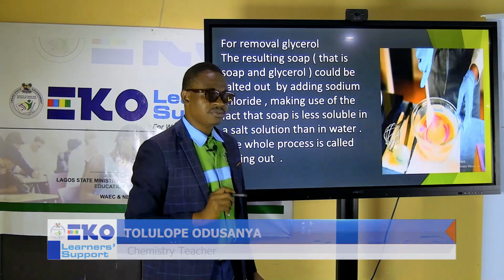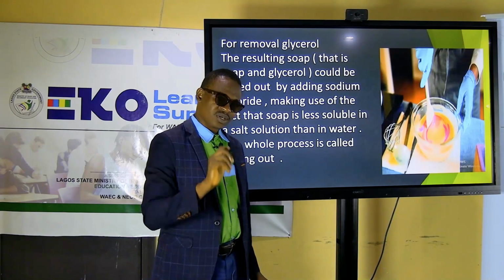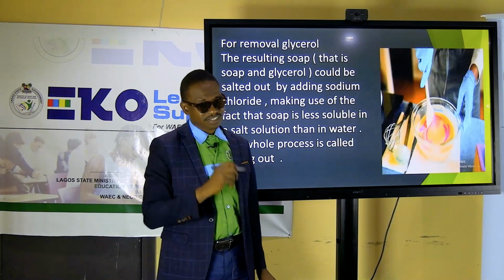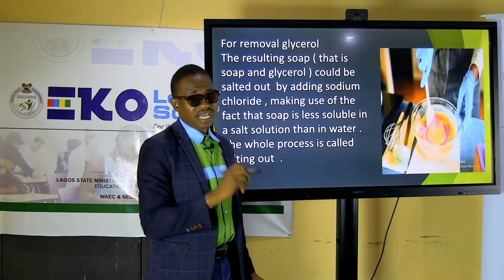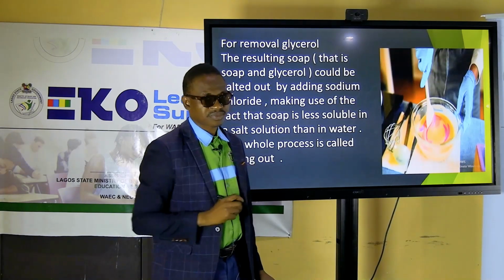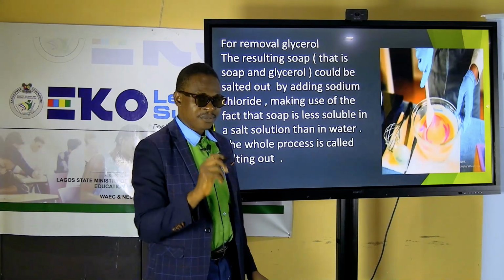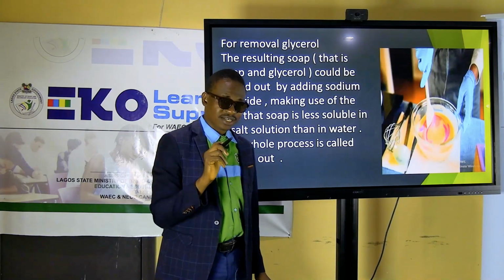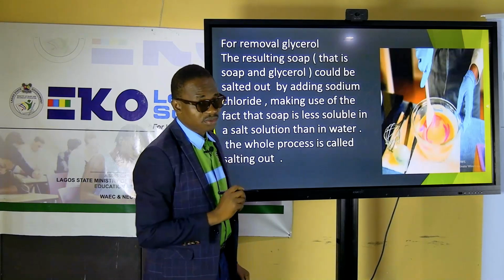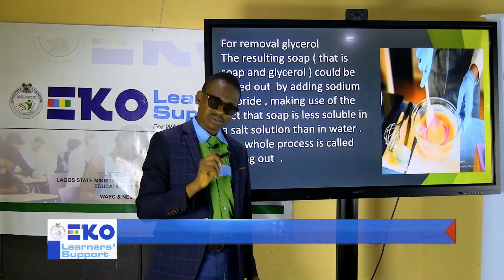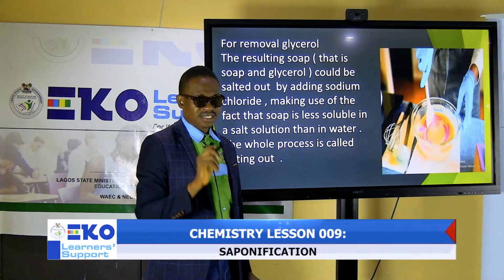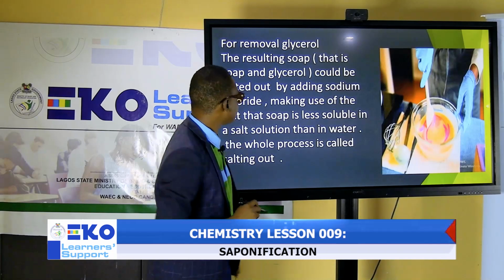Either liquid soap or solid soap. Very simple. And most of the chemicals are available for you. Get to the market, get them. I will show you the process. And you must ensure that you practice it in your school together with those your friends. They are very curious about chemistry.